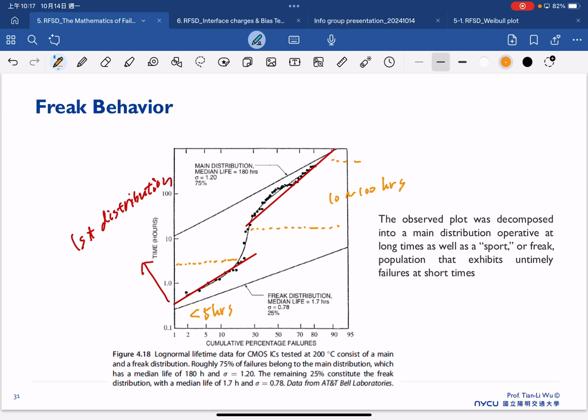Ideally, one distribution function should fit the whole data set. But in reality, we can have the case that we have a bunch of experimental data, but we need to use two distributions to fit. One distribution fits the short term, and another distribution fits the long term.